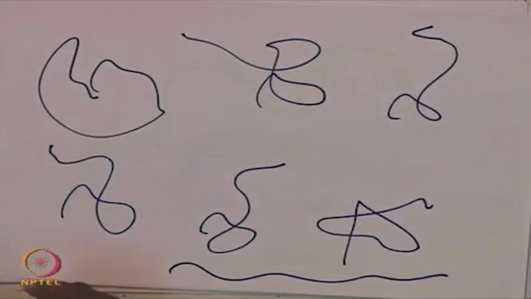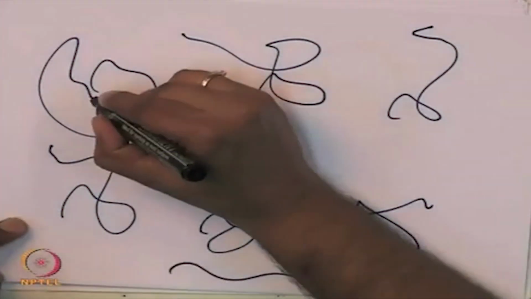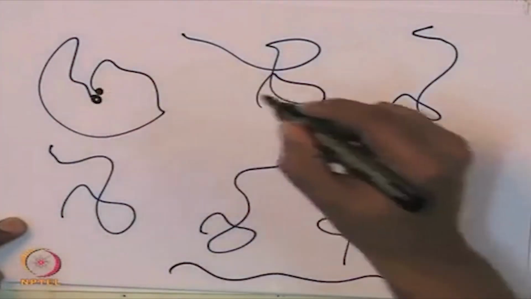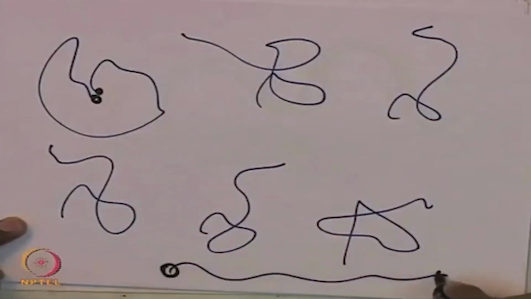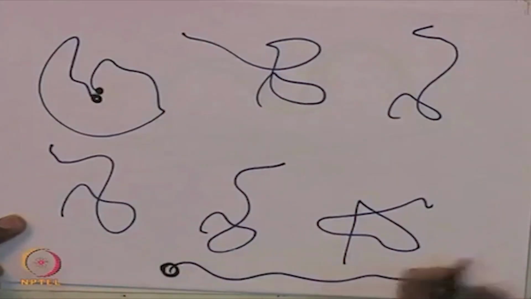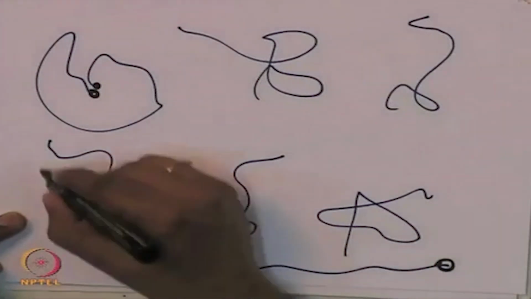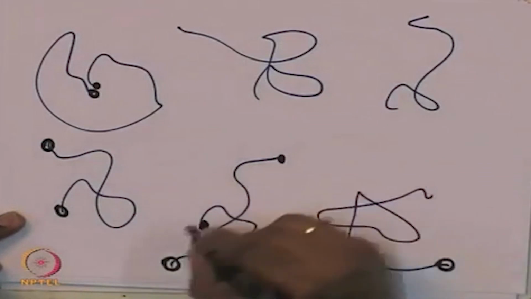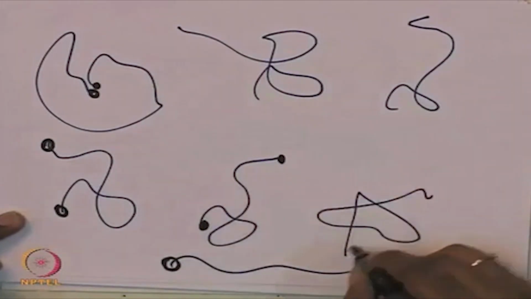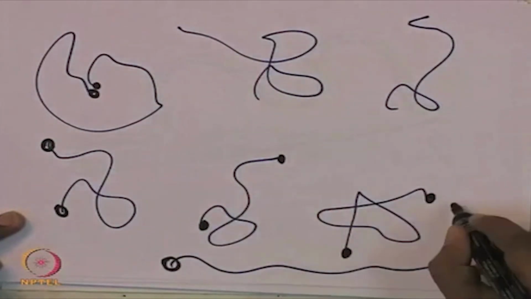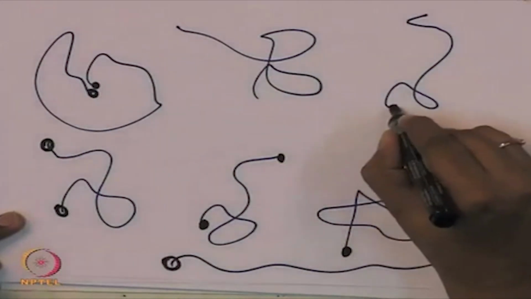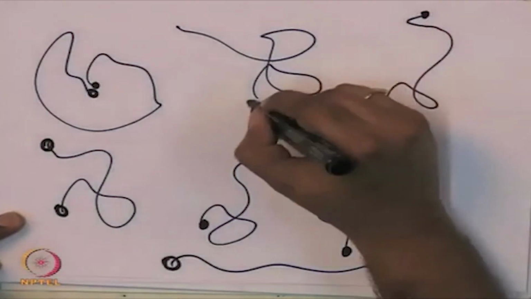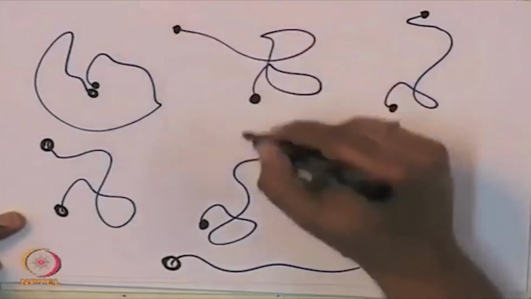Now here the distance between the two ends is very small, here the distance between the two ends is very large, here the distance between the two ends is somewhere in between. Here you have another distance, and here the distance is something else.